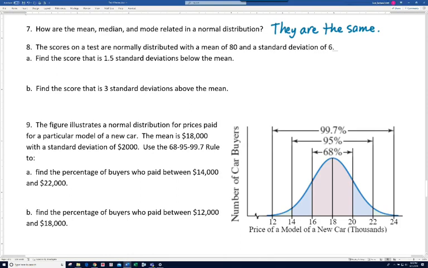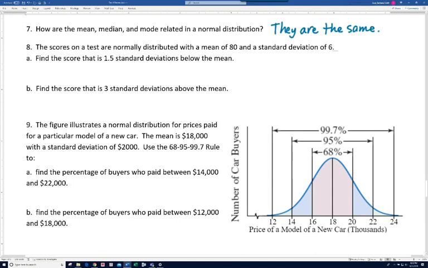Now, normally distributed, if you look at our diagram, this is for number 9, but that means you're going to have a bell-shaped curve, and you're going to have symmetry, and we have this rule, the 68, 95, 99.7 rule. We'll get to that in just a minute.